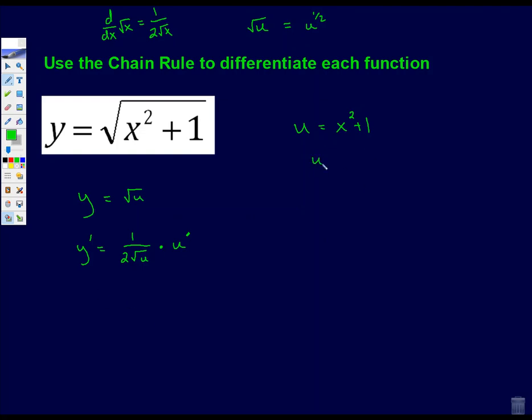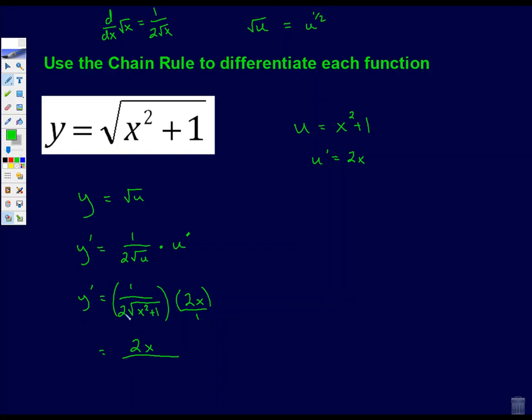And now we will make a note of what that is, and it all gets multiplied together. So y prime would be 1 over 2 times the square root of u, but let's put x squared plus 1 back in it now, times the derivative of u, which is 2x. Now let's write this as 2x over 1 so I can combine the two fractions. The numerators are 1 times 2x, which would be 2x.